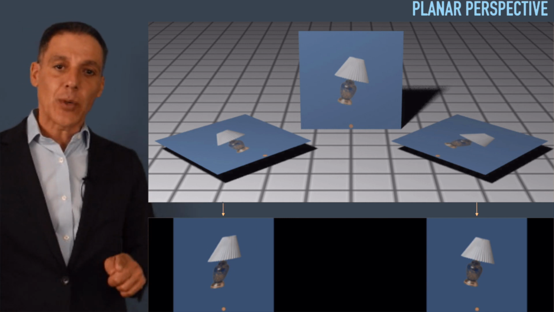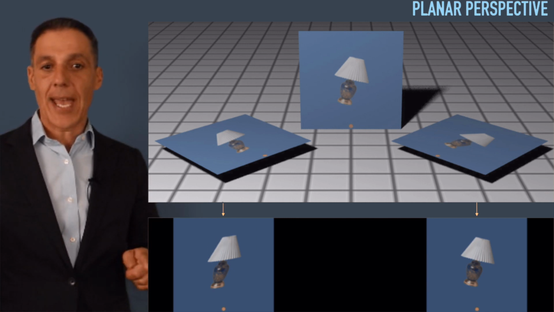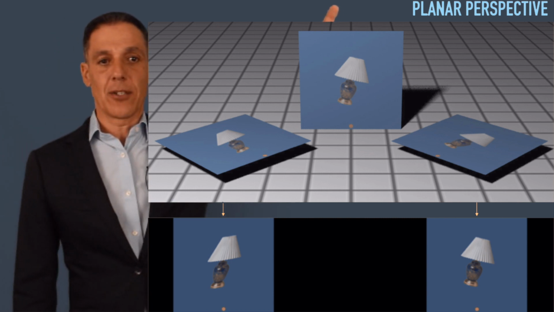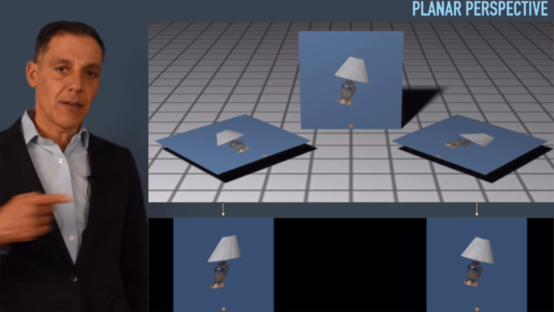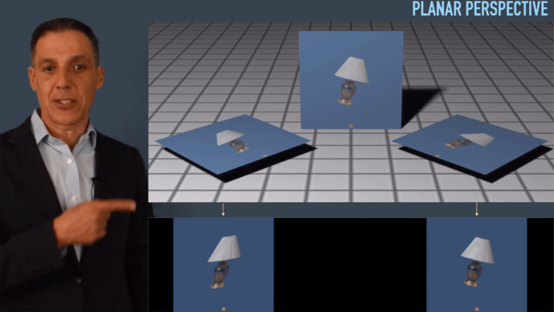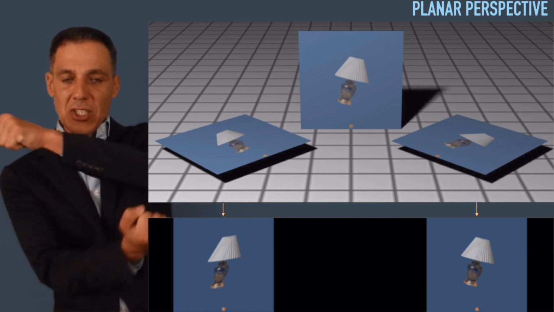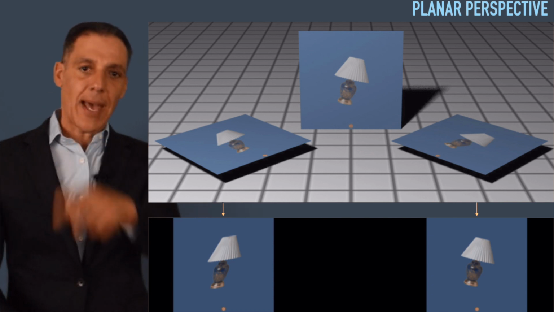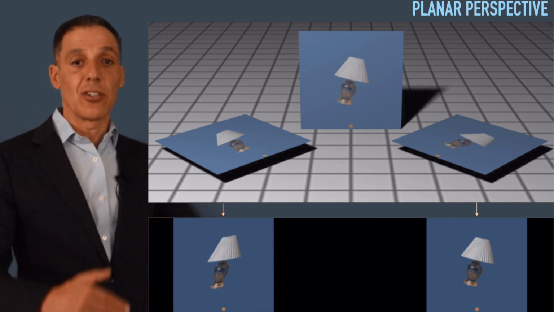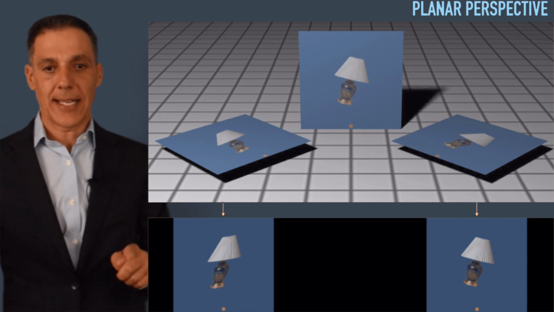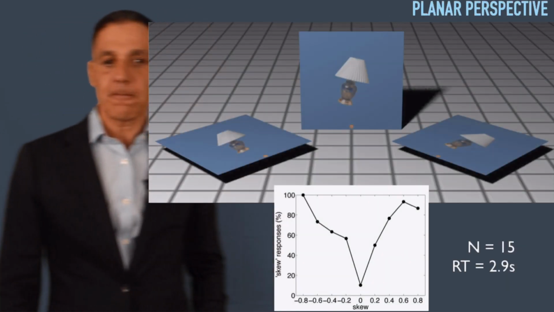Here's what it might look like in reality: you have the center lamp here. On the right is the correct answer because that lamp looks like the center one. Here you can see the lamp was skewed before being texture mapped, and so it does not look like that central one. So here the correct answer would have been this.